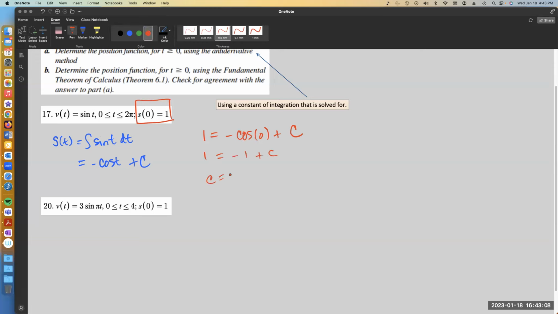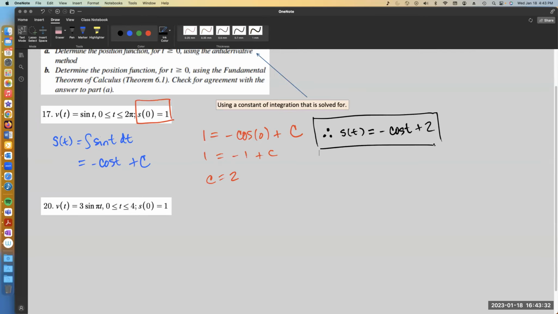So C will be 2. And our conclusion then is that therefore, these little dots, triple dot triangle thing means therefore. So therefore, our position function is minus cosine of t plus 2. That is our position function.